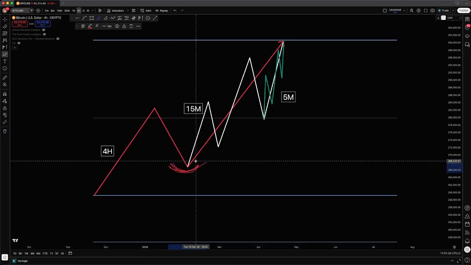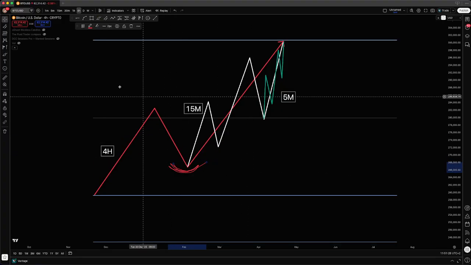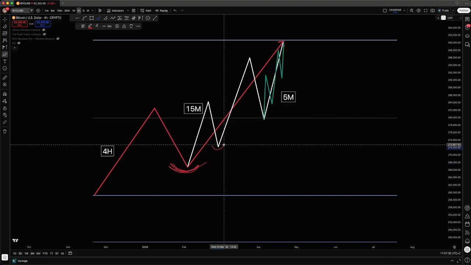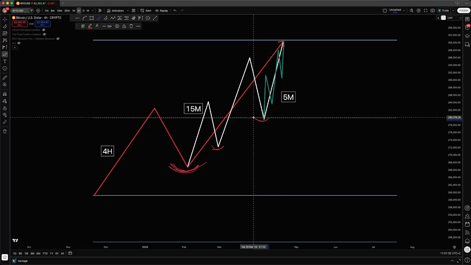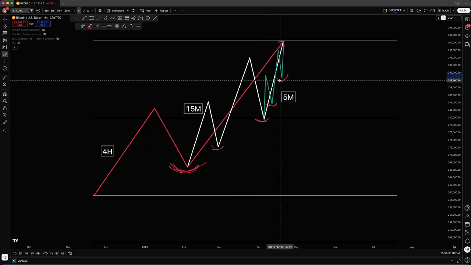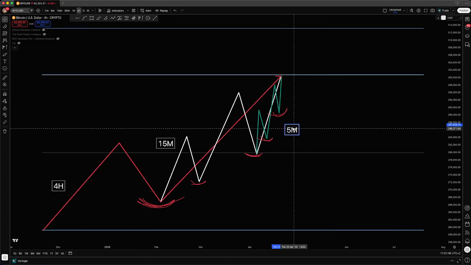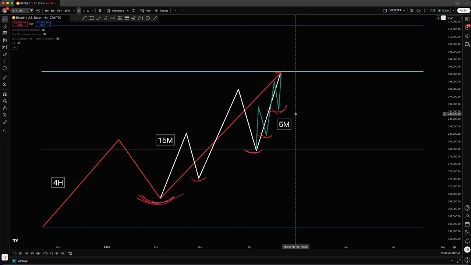Okay, like this, primary lows. It is important that these lows on the 15-minute also are primary lows. And on the 5 minutes, these are also primary lows. But they are only primary lows if you want to trade on the 5-minute time frame.